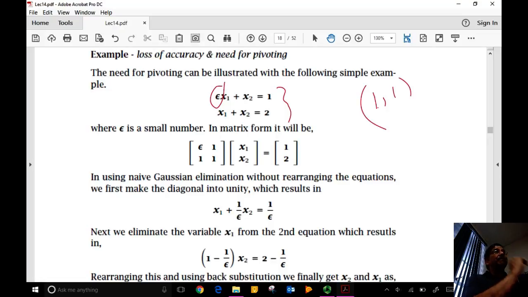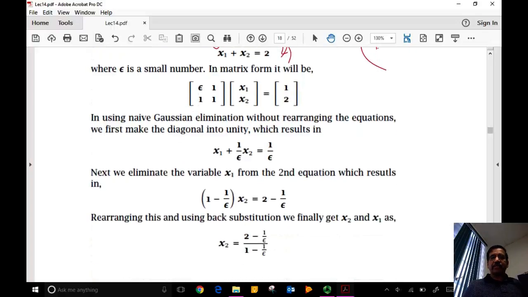But if I apply the Gaussian elimination without switching these rows, and eliminate x1, I get an equation for x2, something like this. So I'm going to write x2 as 2 minus 1 over epsilon divided by 1 minus 1 over epsilon. What happens to that term as epsilon goes to 0?